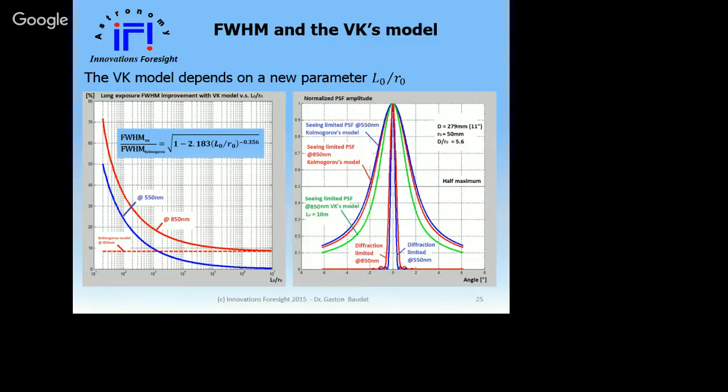Now, if you look at images you take in, let's say, red wavelengths and blue wavelengths, say you take a filter at 350 nanometer and a narrow band filter at 600, 700 nanometer, and you compare under good seeing, then you may see a difference between 30 to 40% in FWHM, at least from the seeing point of view, if the seeing is already good.